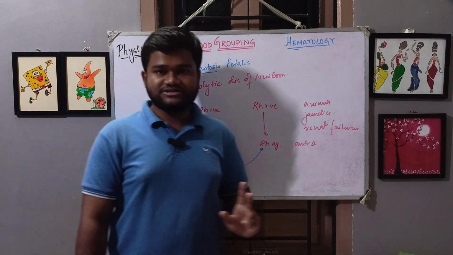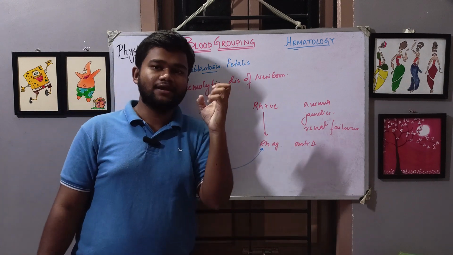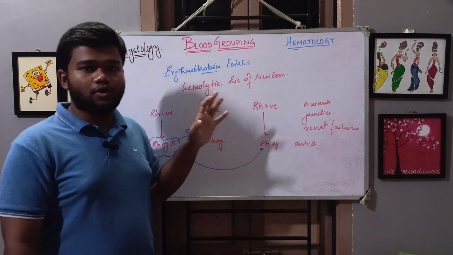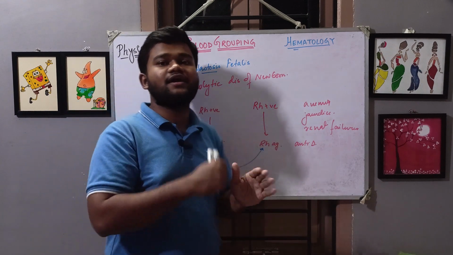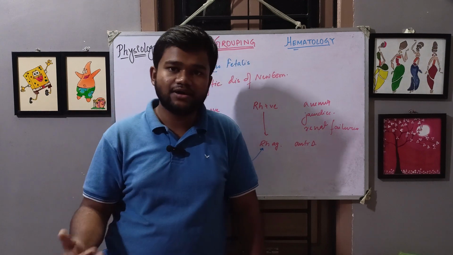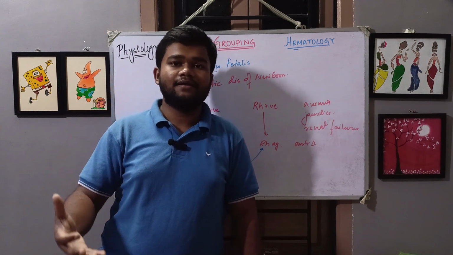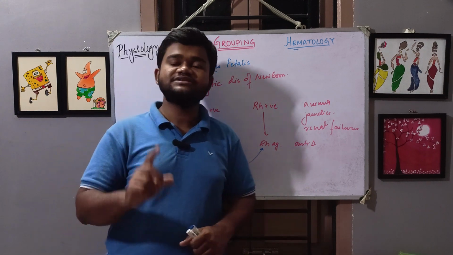There can be another question: why is only the Rh antigen and antibody getting more prominence? Like, why is there no problem if a mother is giving birth to a child with a different ABO blood group? What is the problem in that? The answer is pretty simple.